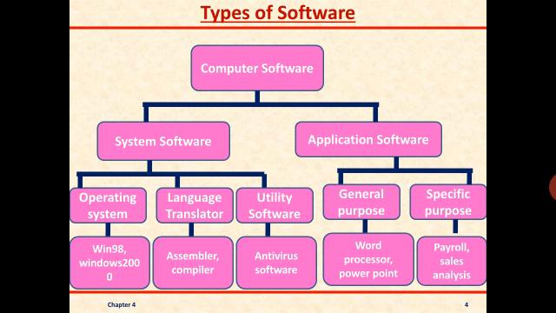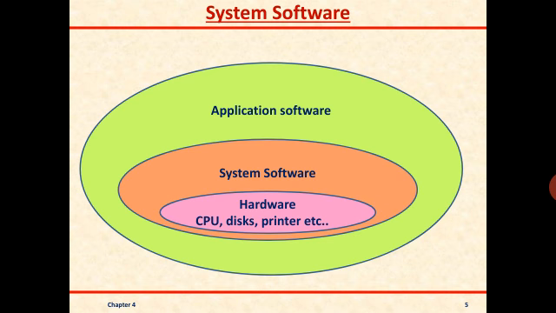Now we are going to learn what we mean by system software. The system software performs the functions that are commonly required by most of the users. Understand this carefully. To achieve this purpose, the programs are written in machine level language.